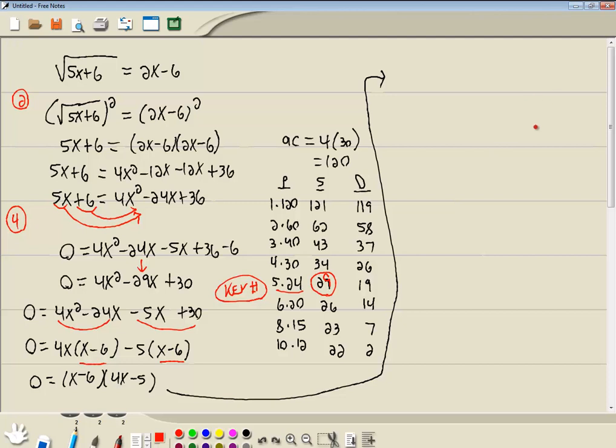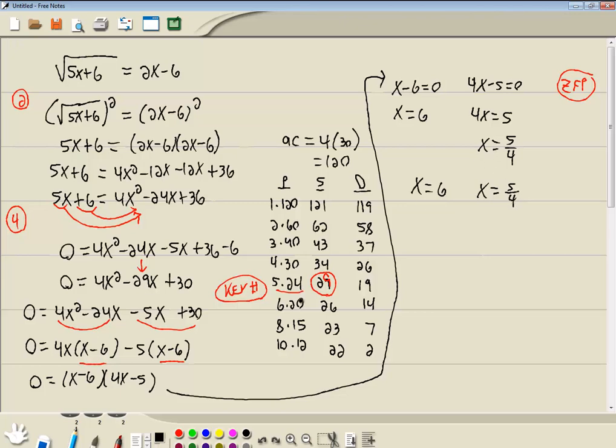Well, now we're ready to use the zero factor property. Zero factor property says you get 0 on one side, you factor the other side, you set each factor equal to 0. So I'll set x minus 6 equal to 0 and 4x minus 5 equal to 0. That gives us x equals 6. This one I'll take the negative 5 over, it becomes a positive 5, and divide both sides by 4. And we get x equals 6, and x is equal to 5/4.